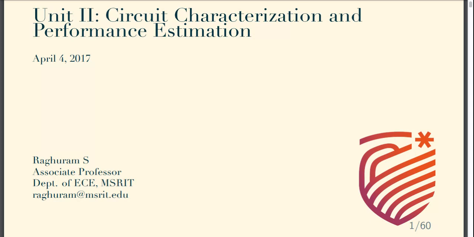Now, in this unit, what we are going to do is, given a particular gate, try to find some way in which we can measure the quality of the gate in terms of timing. If the gate is very fast, then obviously it is going to have a good quality, that is good timing.